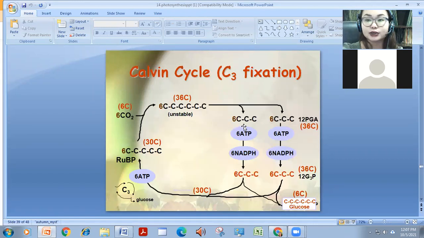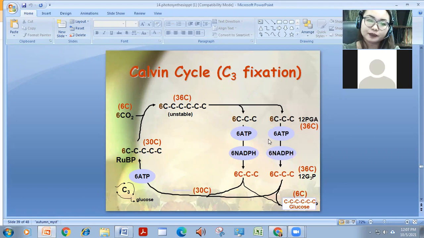This is just to explain further, because in the previous discussion, we have done a video presentation on the steps of photosynthesis and the Calvin cycle or the C3 fixation.